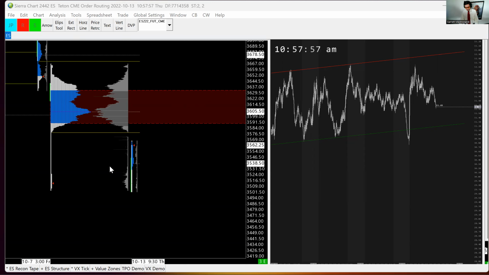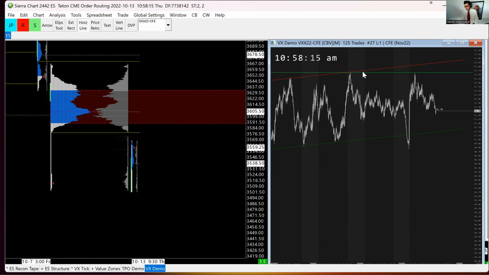We'll have to see. What I think really told the tale and led this rally is what happened in the VIX. Despite that big move this morning, VIX futures did not make a higher high. Here's the high that we put in yesterday, and we did not get above that. That's called divergence.